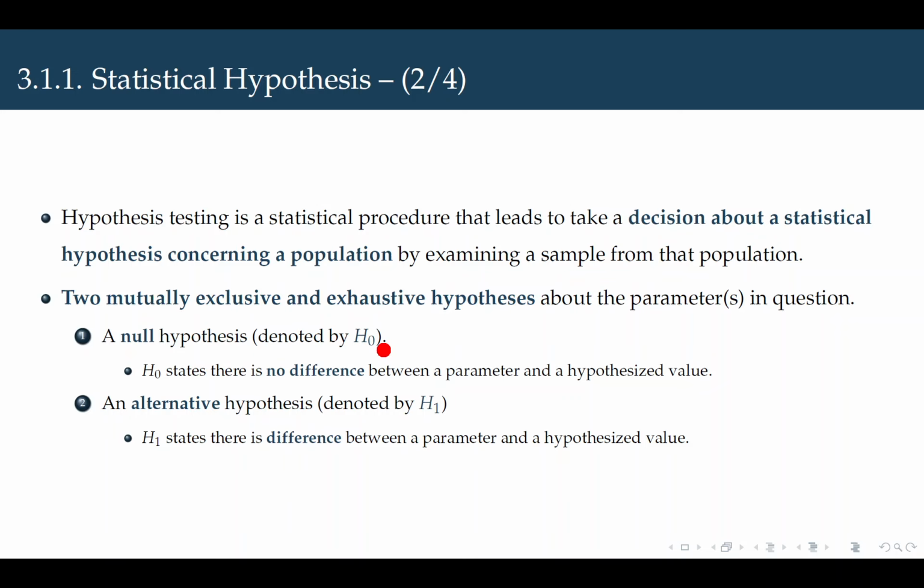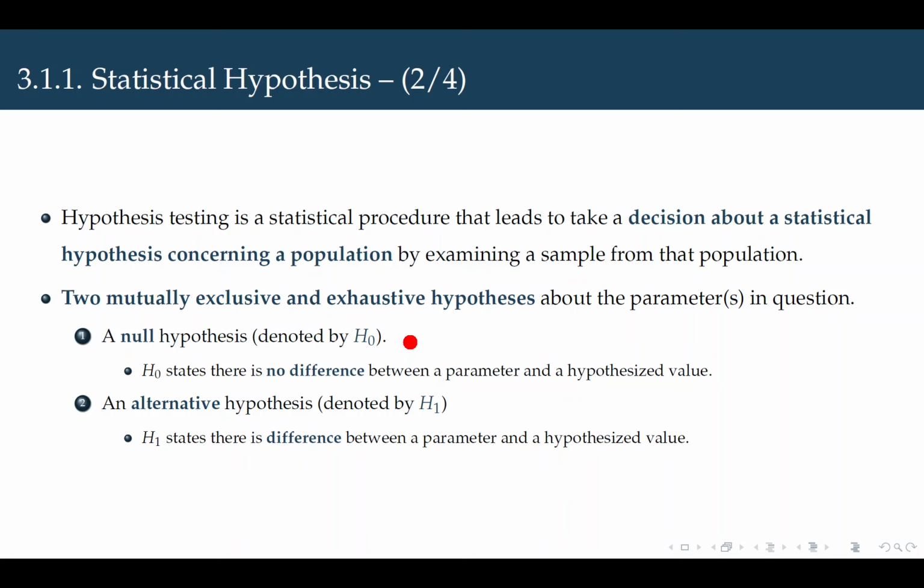On the other hand, the alternative hypothesis is denoted by H1 and states that there is a difference between the population parameter of interest and the hypothesized value. Therefore, these two hypotheses H0 and H1 are mutually exclusive. Here in H0, we say there is no difference between the population parameter of interest and the hypothesized value, but in the alternative, we are going to say there is a difference. So they are mutually exclusive.